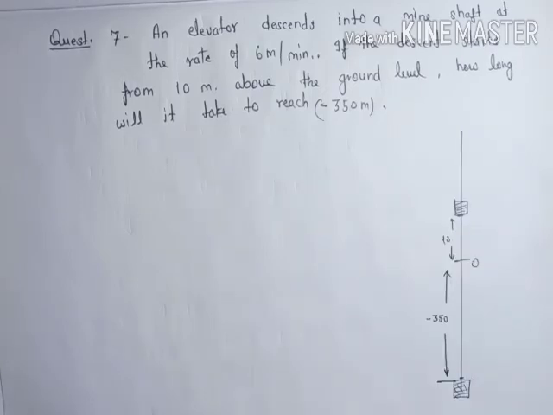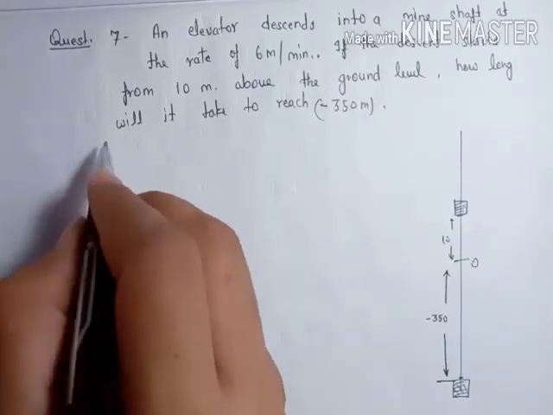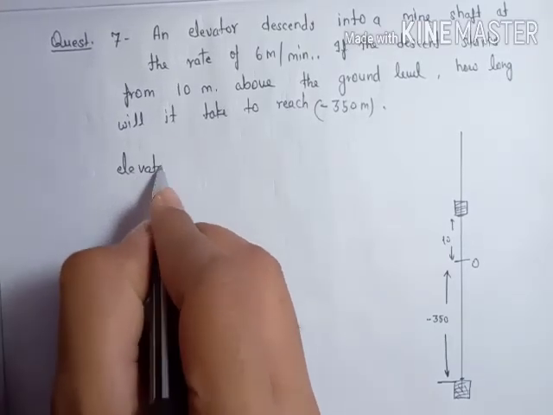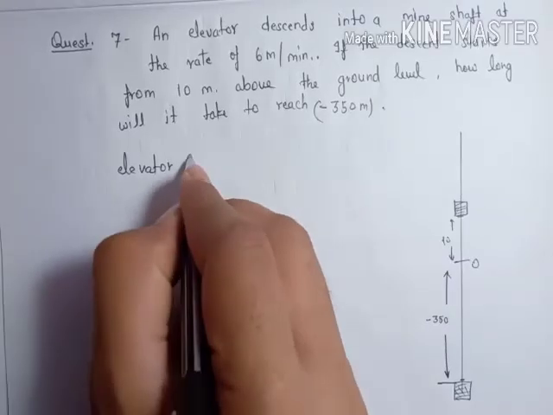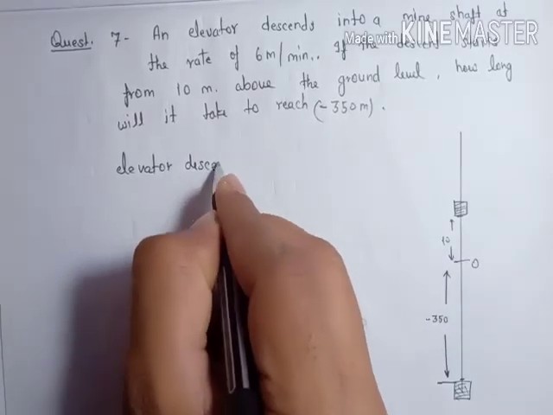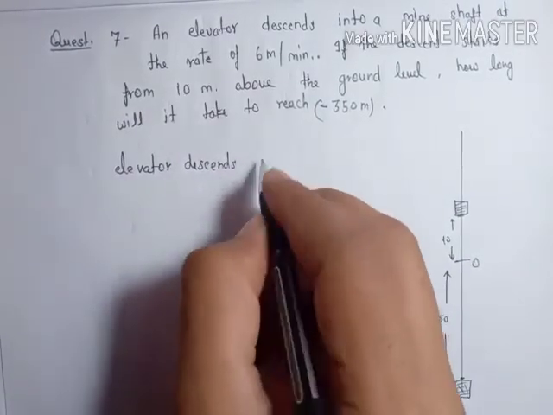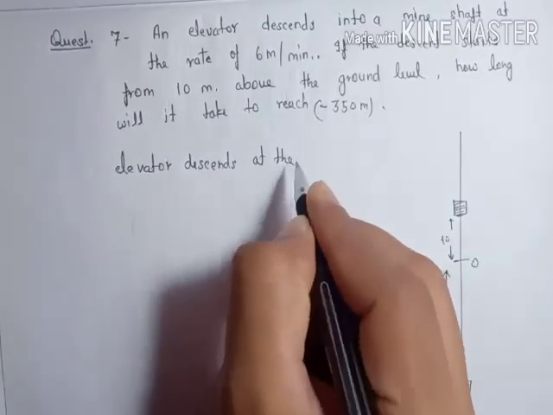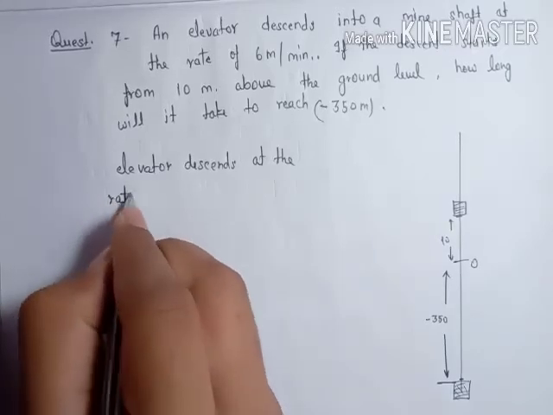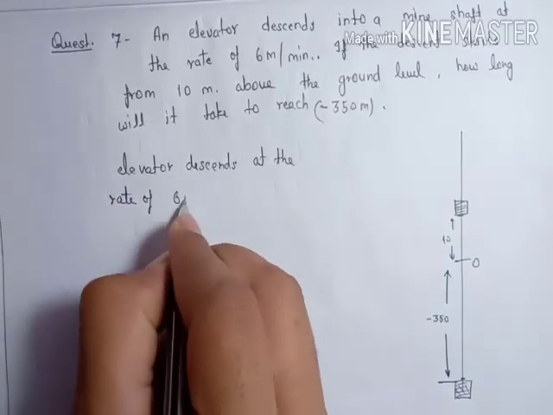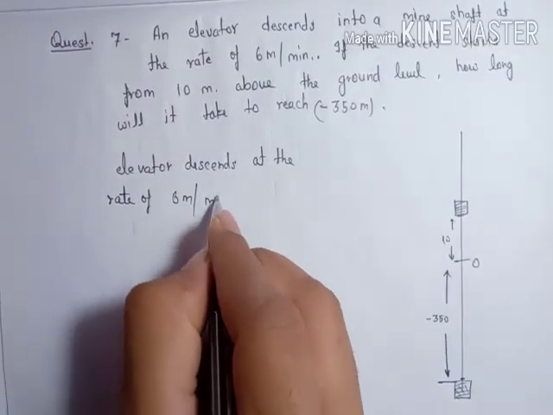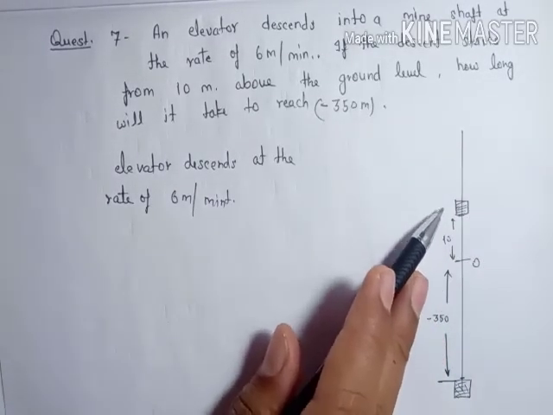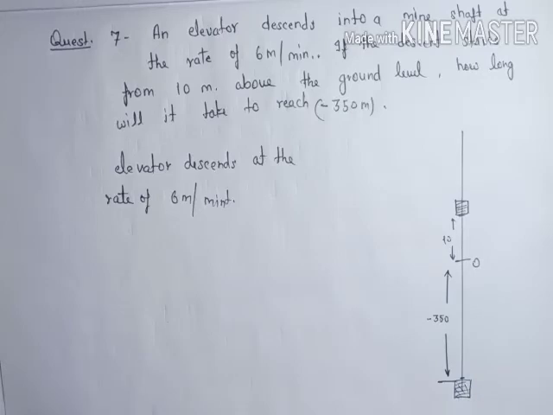In this question you can say the elevator descends at the rate of 6 meter per minute. It means it is coming down at the rate of 6 meter per minute.